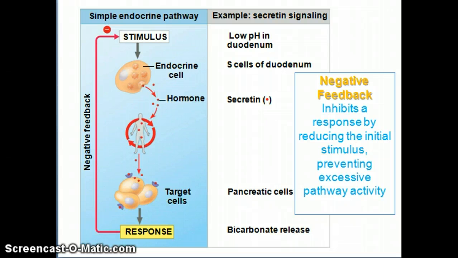So it's going to inhibit and prevent excessive pathway activity. In the case of pH within the intestinal tract, we wouldn't want too much bicarbonate released, and so the bicarbonate serves as a feedback mechanism, raising the pH back to the set point, thereby turning off the endocrine system's response.